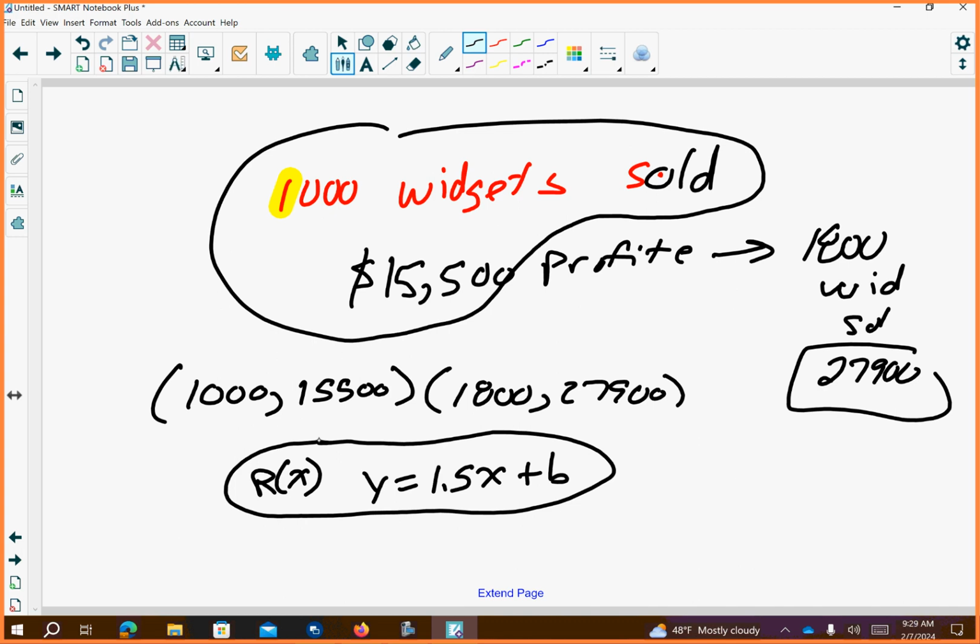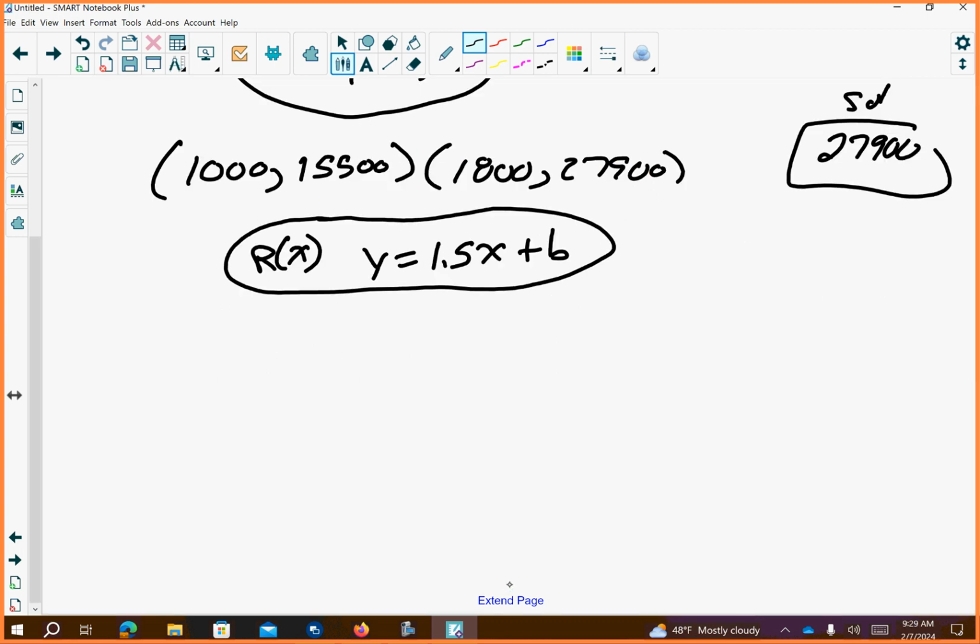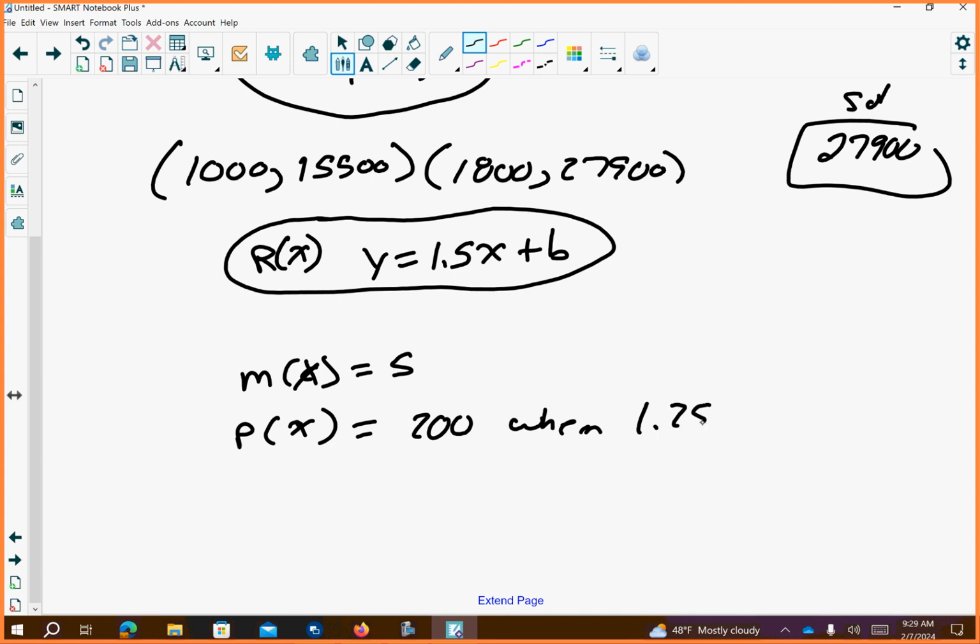All right, so the second example, they say it's linear. So the marginal cost is $5, and the profit P of x is 200 when 125 units are sold.